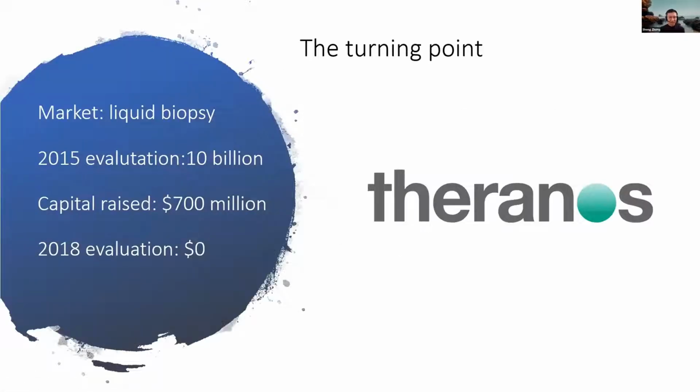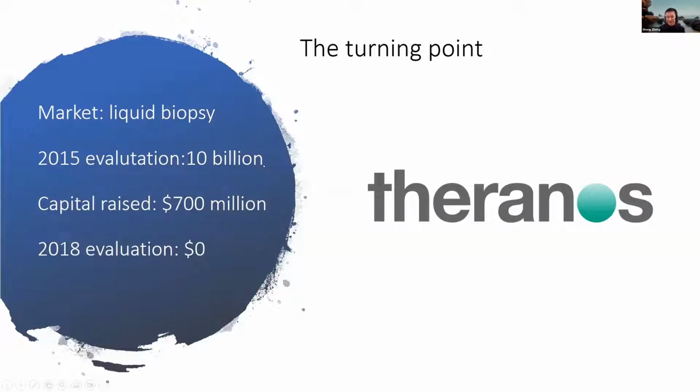The turning point for Theranos was very quick. Even though in 2015 the company raised $700 million and was tremendously successful, 3 years later the company went into bankruptcy. The valuation was 0.